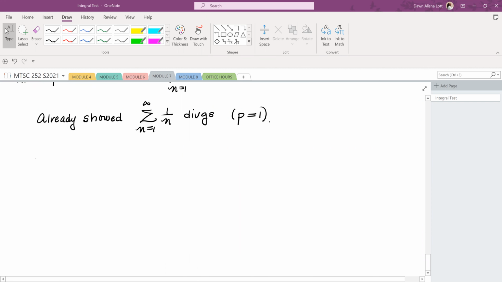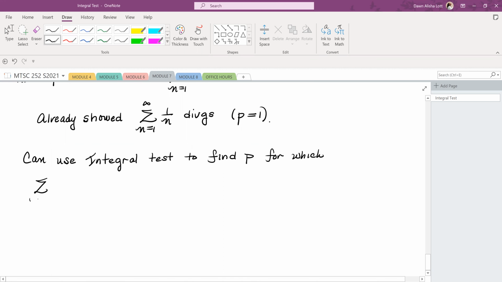So we can use the integral test to find p for which the summation n equals 1 to infinity of 1 over n to the p converges. So let's look at the integral.